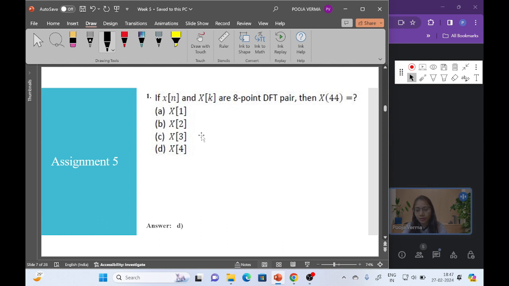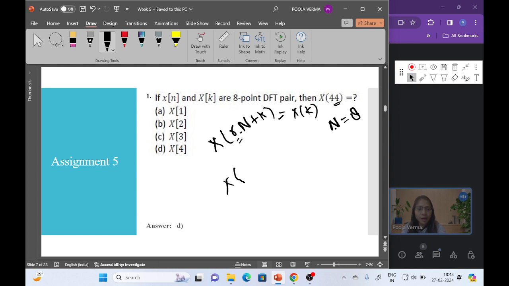All of you know the periodicity property of the DFT: X of rN plus k is equal to X of k, where r is an integer. So how can we put it like this? We get 44, where N equals 8 since it is an 8-point DFT.